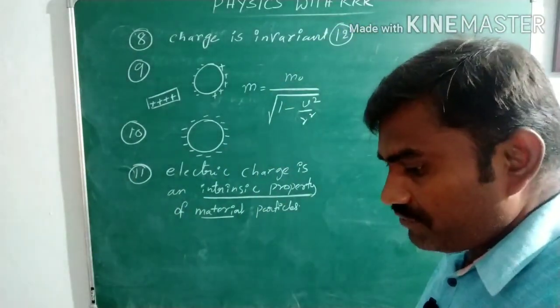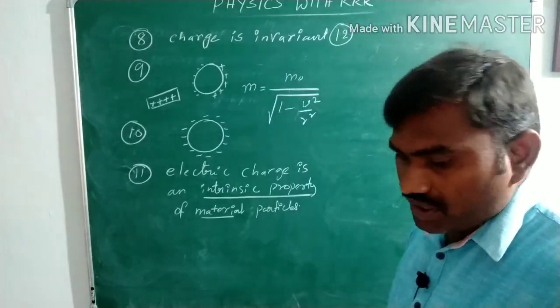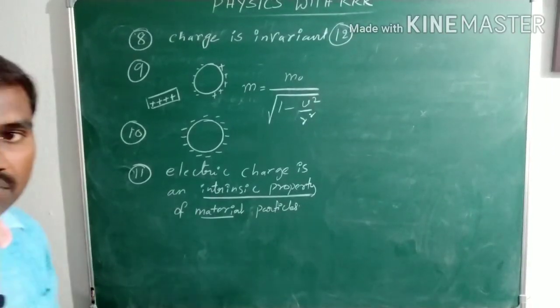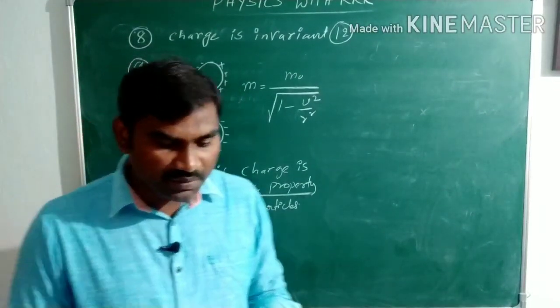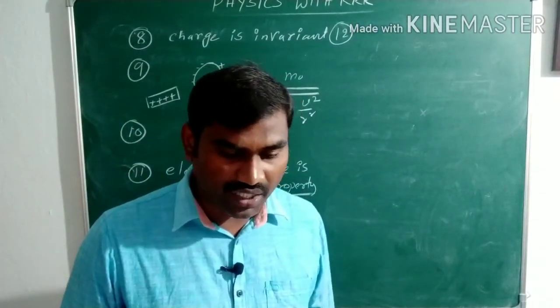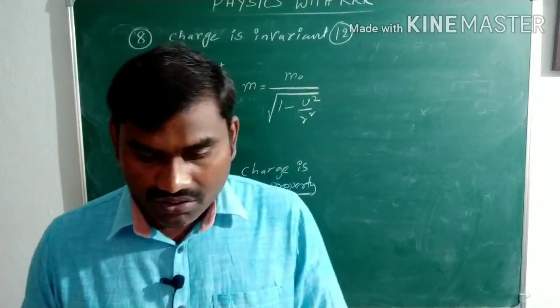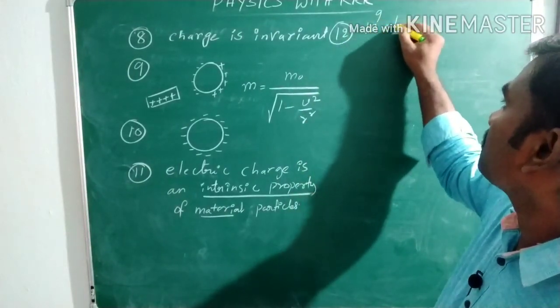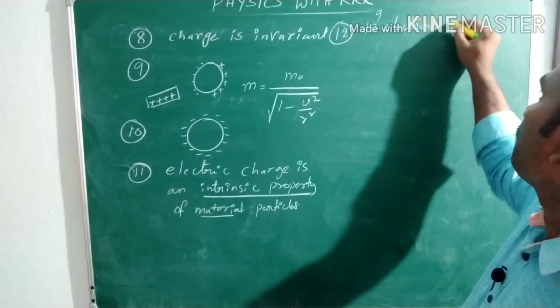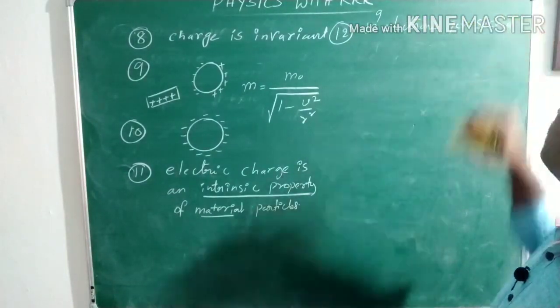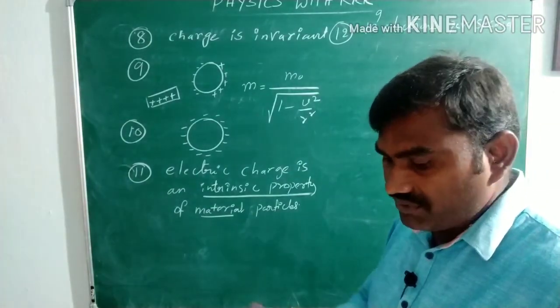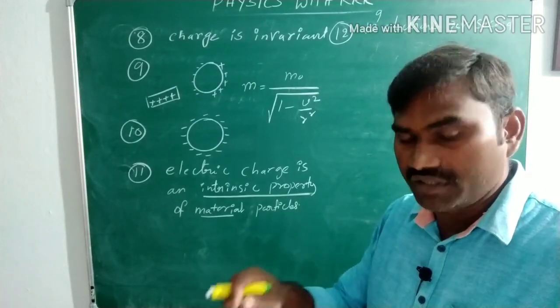Next question. If 10 to the power of 9 electrons move out of a body to another body every second, that means that body is lacking electrons.